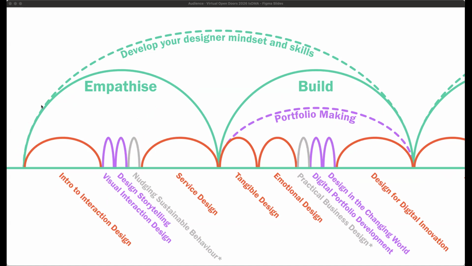They follow the logic of a design process, more or less. So the first semester, you will be focusing on learning to build empathy, asking the right questions, making design research and understanding the questioning part of design. And the second semester, which we have titled Build, is the time where you will learn to think by doing mostly.